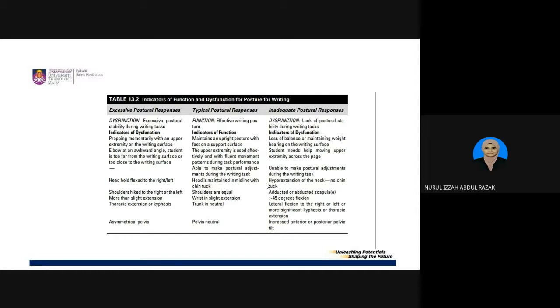The kid might also prop momentarily with an upper extremity on the writing surface, have the head flexed to the right or to the left, shoulder height differing to the right or left more than slight extension, and have an asymmetrical pelvis.